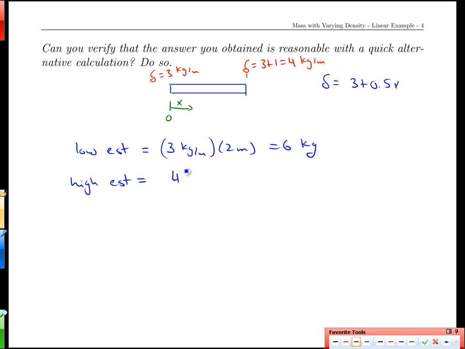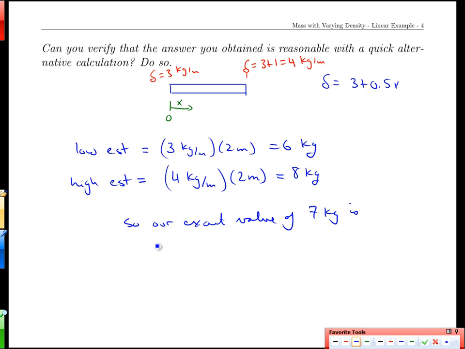That would be 4 kilograms per meter. Oh wait, how long is our bar? 2 meters. And that would have given us 8 kilograms. And so our exact value of 7 kilograms is eminently reasonable. So we're not just making things up, we're getting things that make sense in the context of the problem.